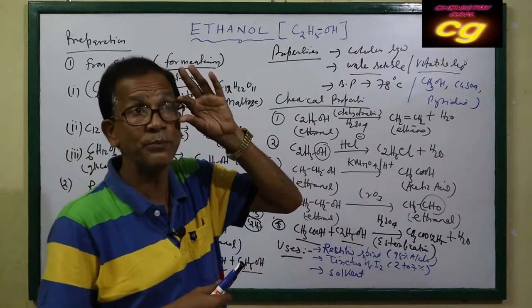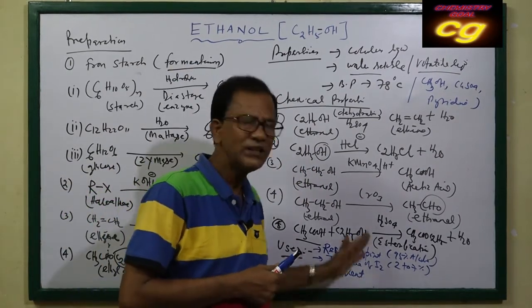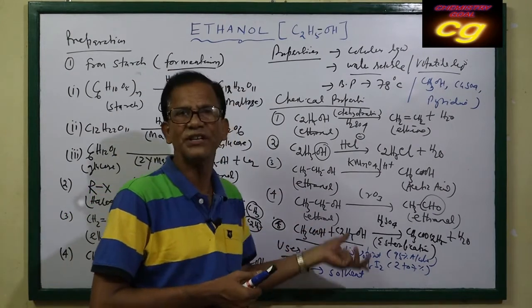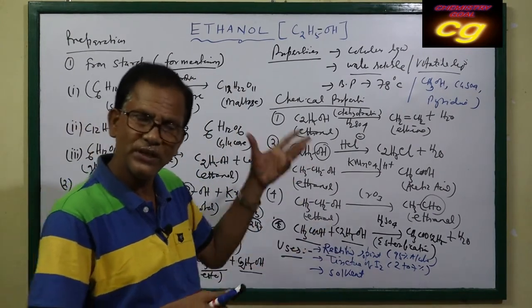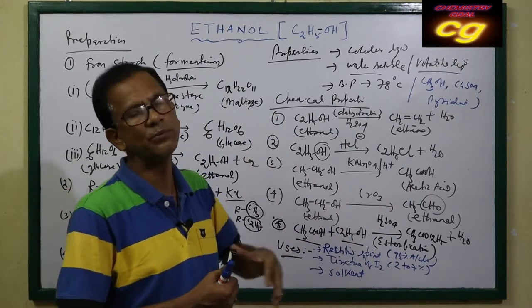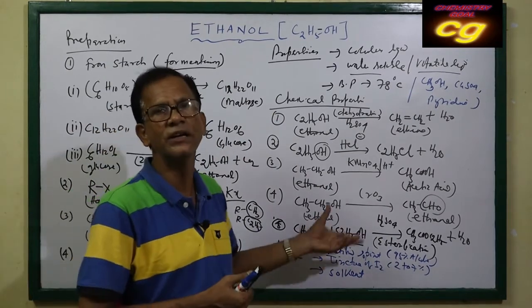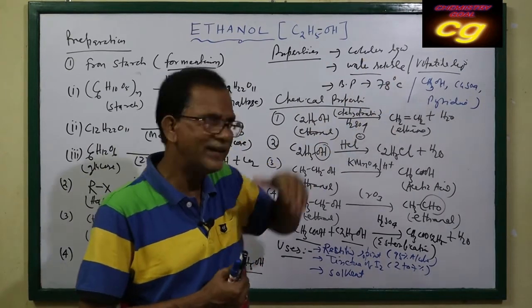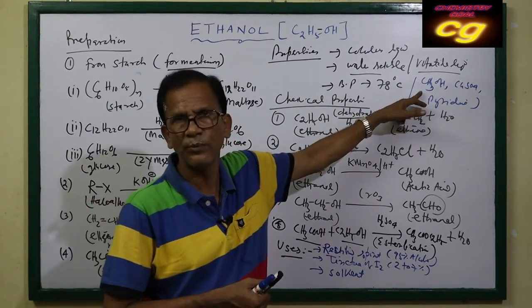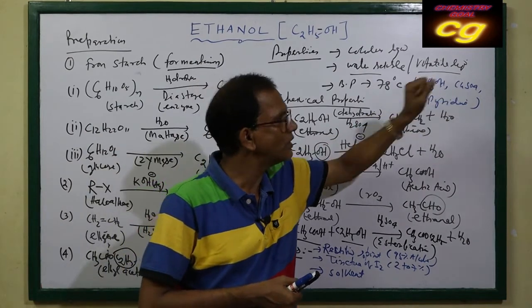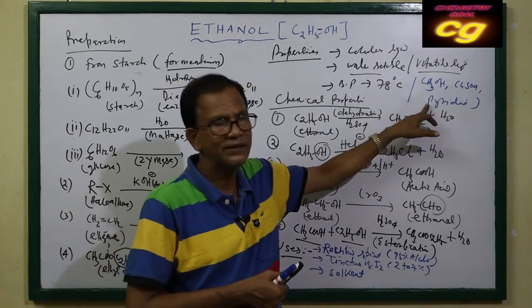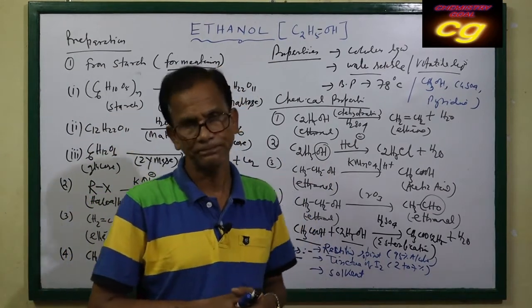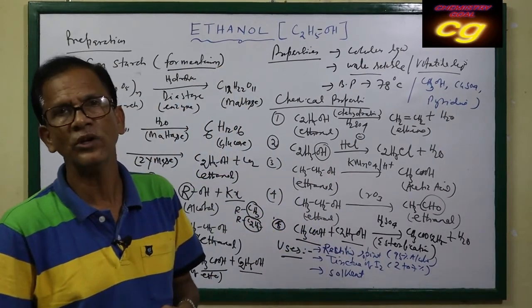You remember this very important thing. Pure ethanol is a natural alcohol and can be used for drinking purposes as alcoholic drinks. But if the alcohol contains methanol, which is very poisonous, copper sulfate and pyridine, then the alcohol will not be suitable for drinking as an alcoholic drink.